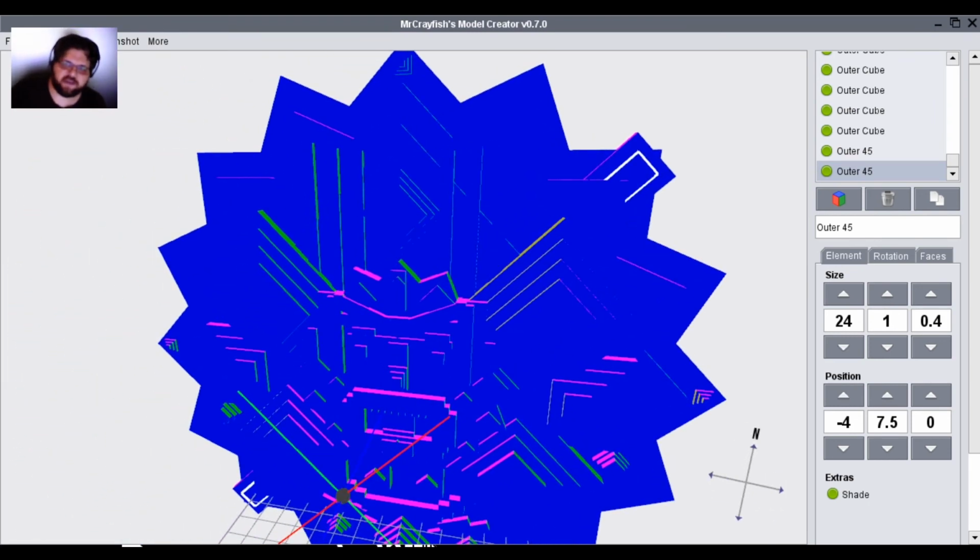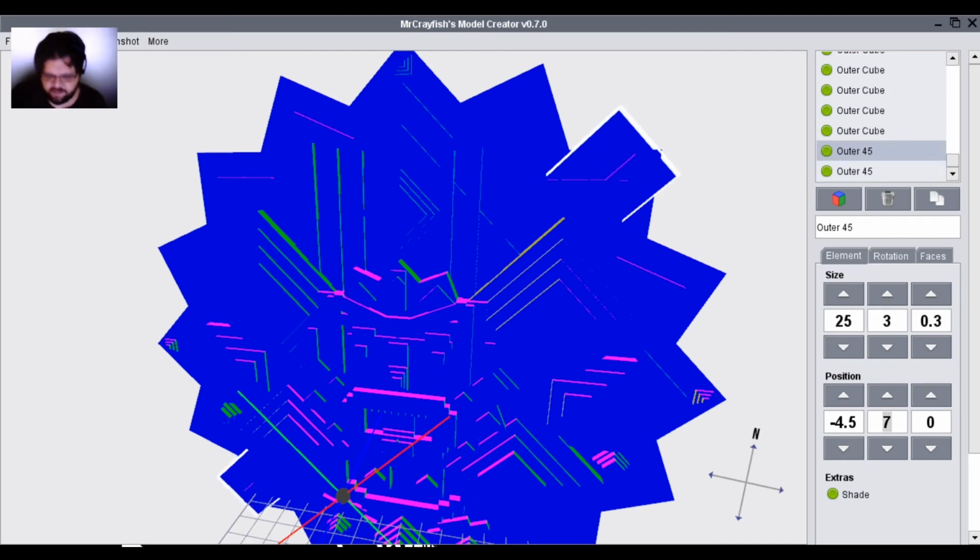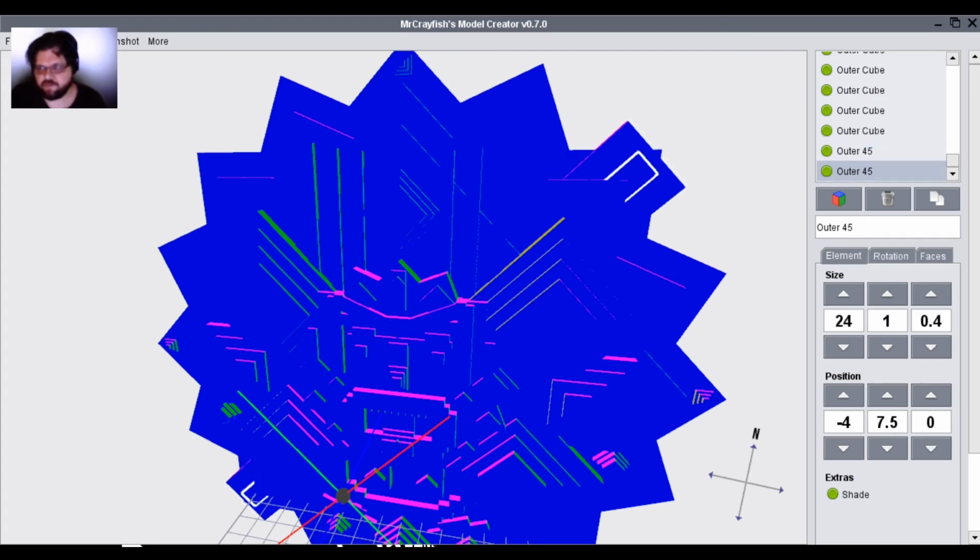Only problem is that the next layer is a 0. So let's bump this up to a 3. Bump this down to a 6.5. Bump this up to a 2 and an 8, or rather a 7. There we are.